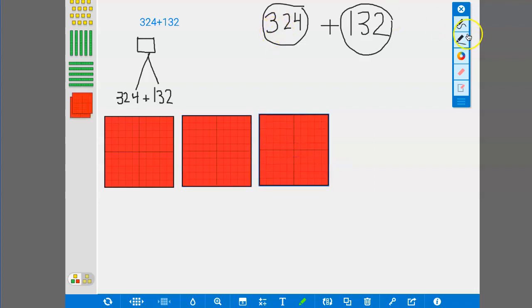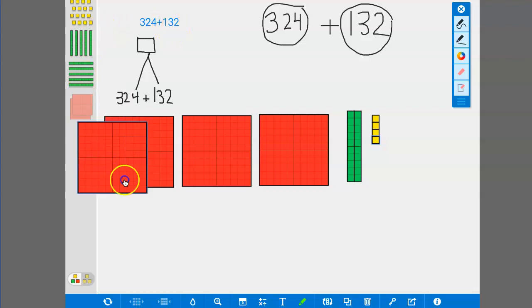So there's 300, 10, 20, and then I'm going to add 4 ones. 1, 2, 3, 4.